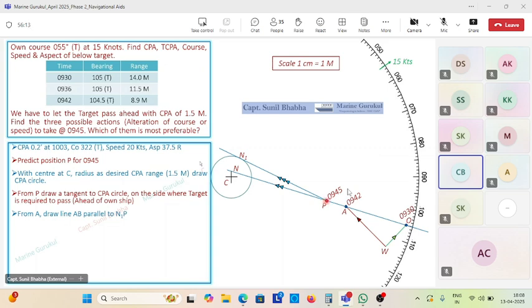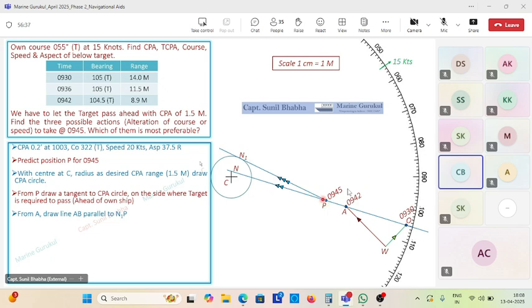Now, since we need the target to follow Papa November 1 line of approach, what we do is we now draw a line from point alpha. From point alpha, we draw a line parallel to the direction of PN1 or NP.